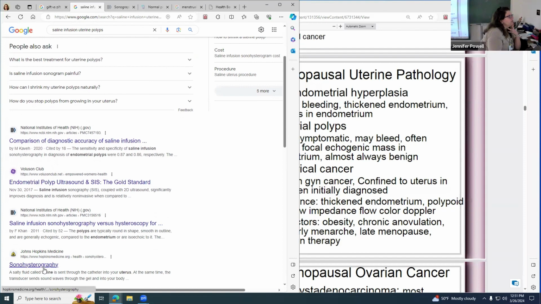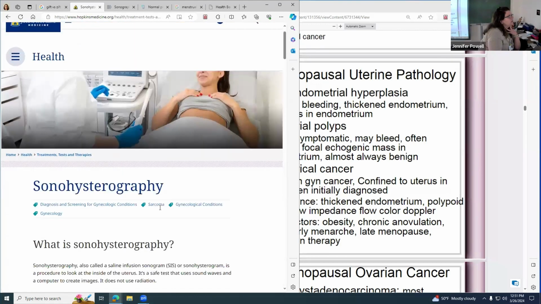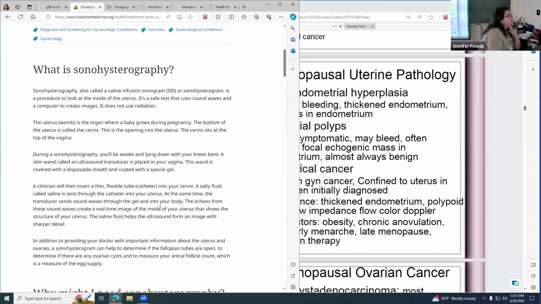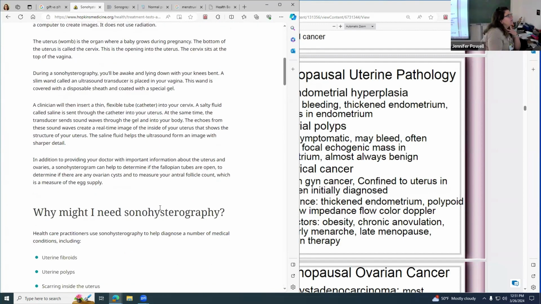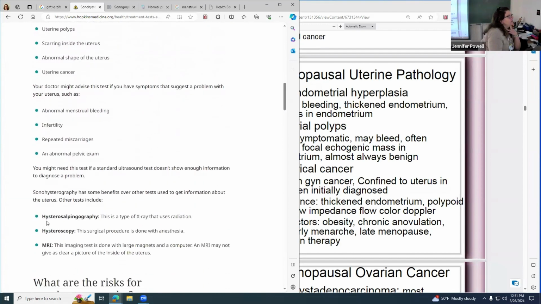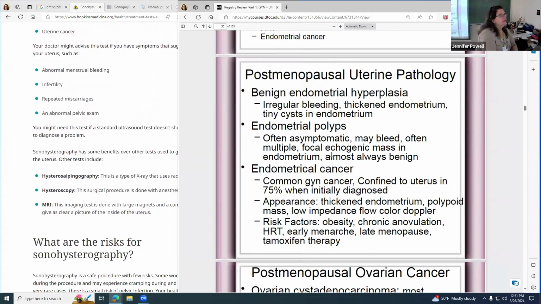Sonohysterography? I might have to get back to you on that. Anyway, there's a procedure that they can inject saline, and that'll give a nice outline to see whether there really are polyps.